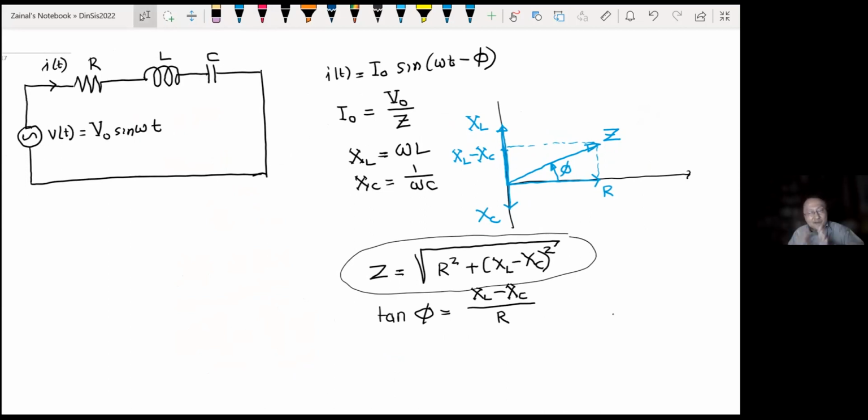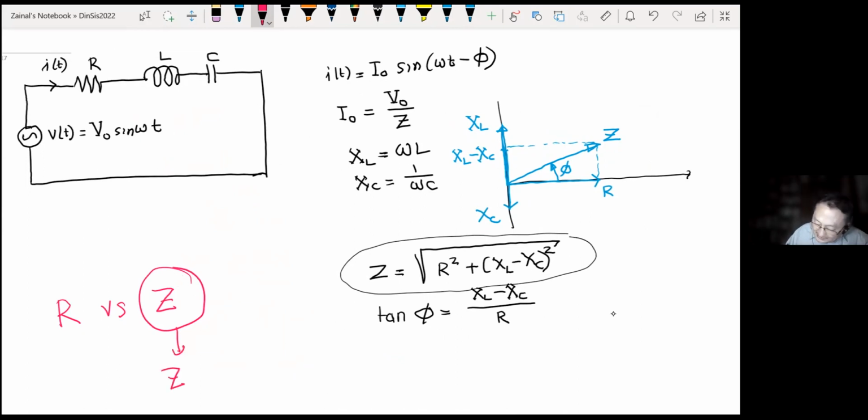We prefer to use Z rather than R because Z automatically becomes R for DC. But for AC, what we call resistance is impedance.